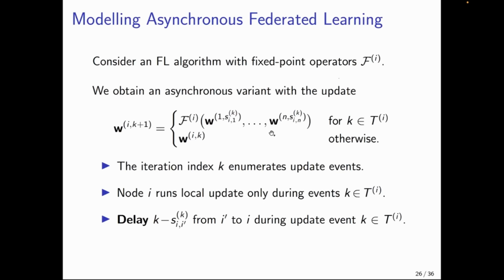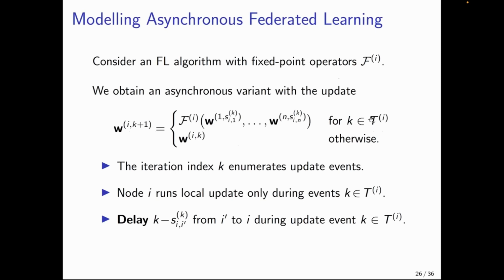The second difference to the synchronous algorithm is that here we have this update only for certain nodes at each time step. In different words, node i uses this update operator only at certain time steps.